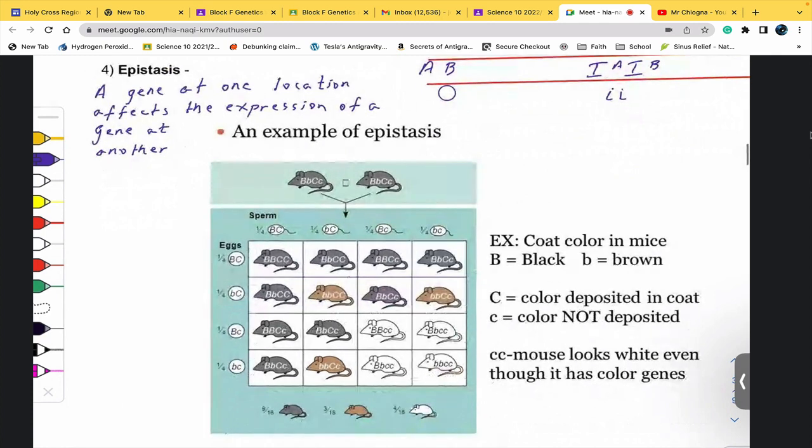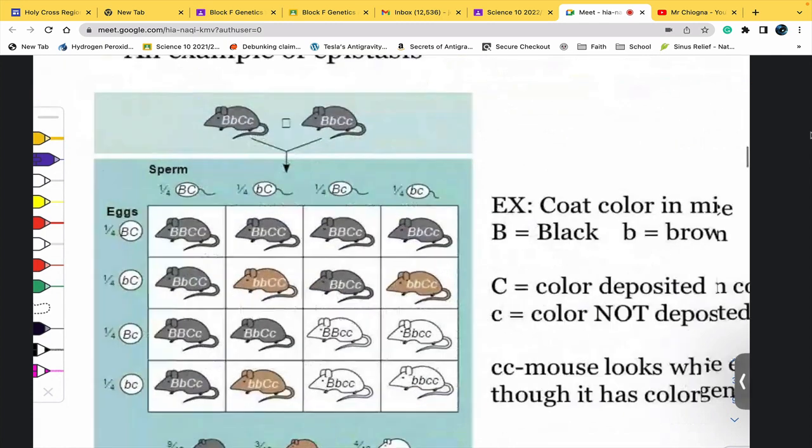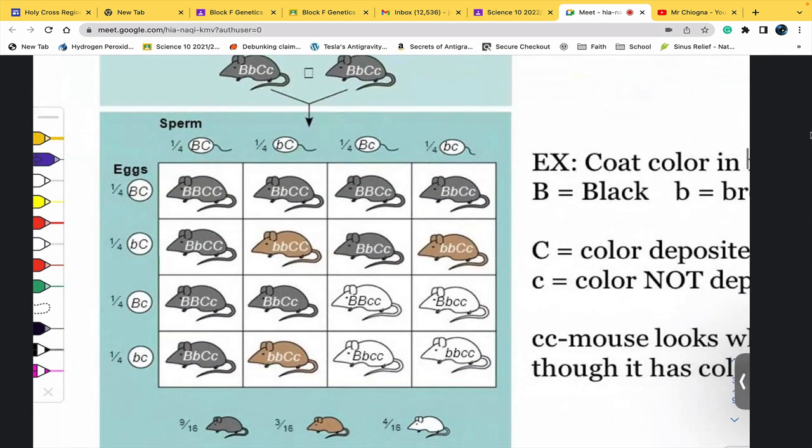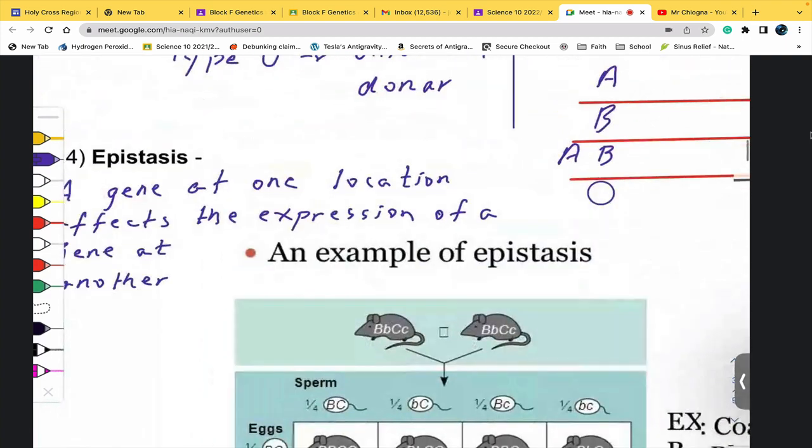Okay, so an example of that is what we see here with the mouse. So in general, you can have either a black or a brown colored mouse, but in some cases you'll end up with an albino or a white colored mouse. Now, why is that? It's because of this epistasis.